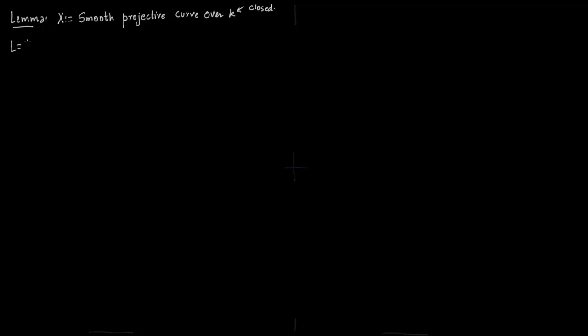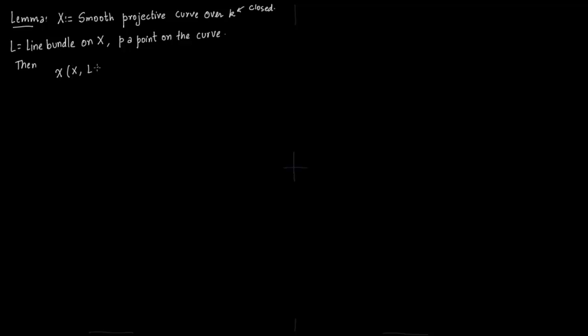Now L, say, is a line bundle on X, and P is a point on the curve. So notice that a point on the curve is an irreducible divisor.